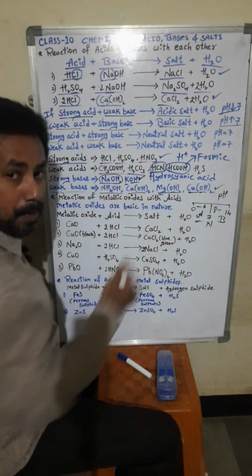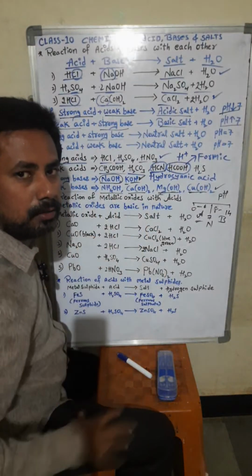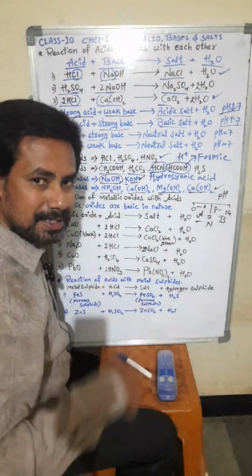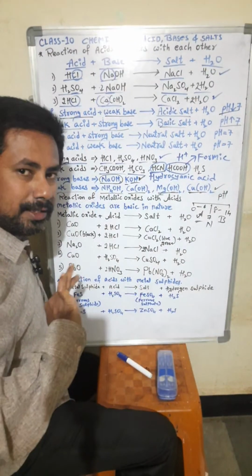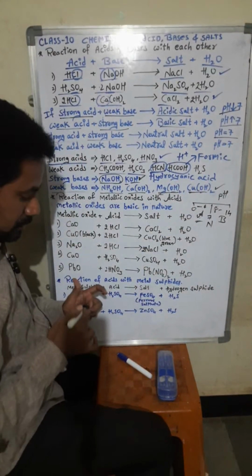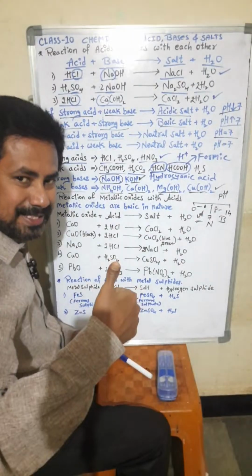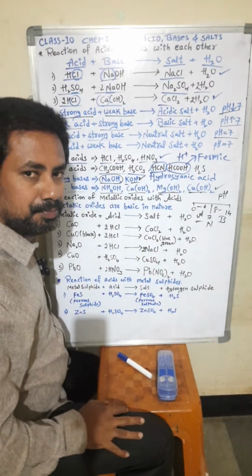Strong acid, strong base, both are strong now. The salt will be neutral. Neither 0 to 6, below 7, nor 8 to 14, above 7. pH is always equal to 7 in this case. Strong acid, strong base, neutral salt, salt plus water.